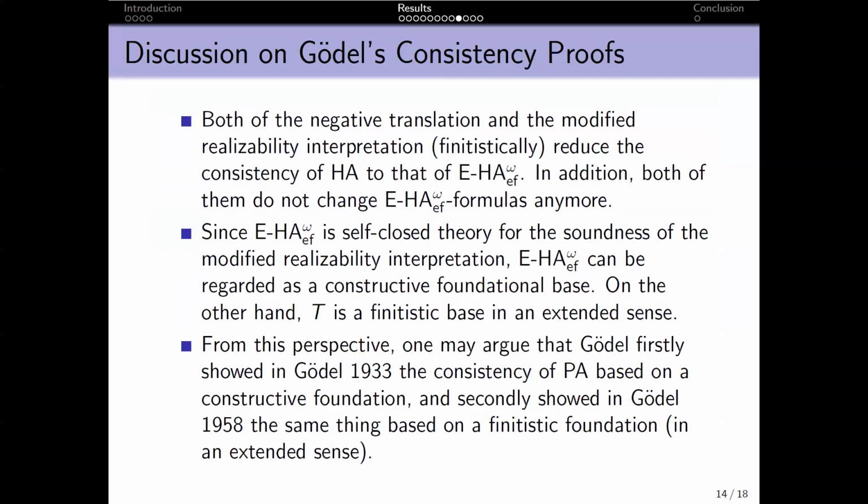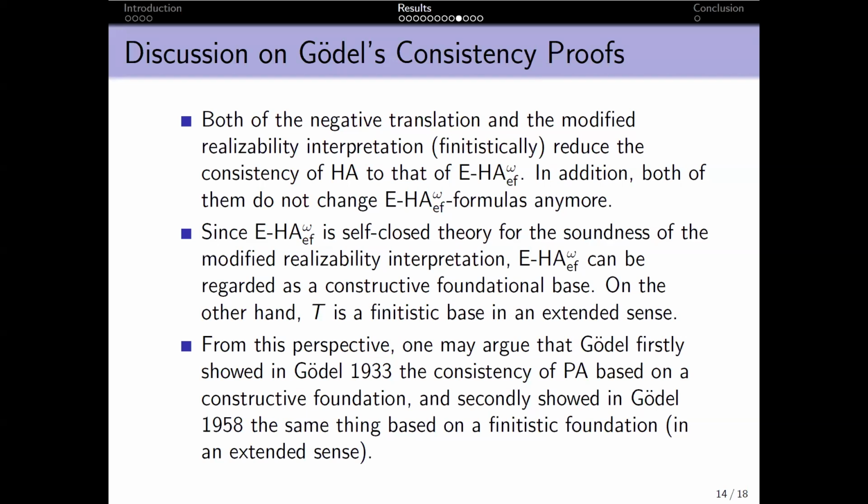So actually, both the negative translation and the modified realizability interpretation reduce the consistency of HA to that of E-HA^ω-EF. In addition, both of them do not change E-HA^ω-EF formulas anymore. Since E-HA^ω-EF is a self-closed theory for the soundness of the modified realizability interpretation, E-HA^ω-EF can be regarded as a constructive foundational base. On the other hand, T is a finitistic base in the extended sense, more or less.